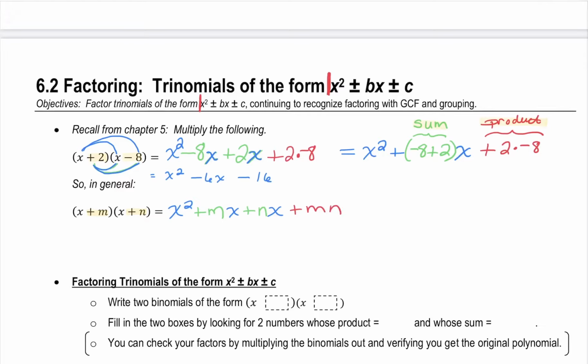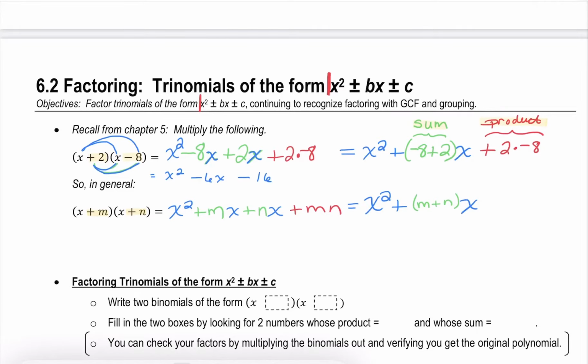So again, what we want to observe is when we would combine our like terms, we would have that 1x squared. It would be the sum of the m and the n, and those themselves could be positive or negative. That sum becomes the coefficient of the x term.